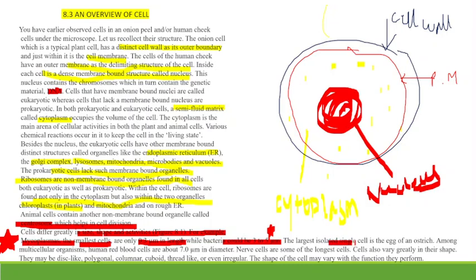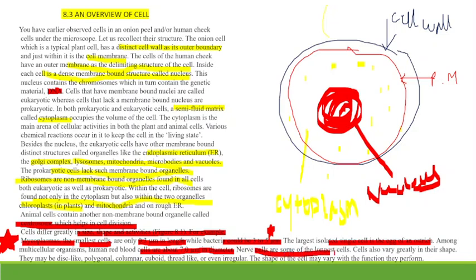Then the largest isolated single cell is the egg of an ostrich. So the ostrich egg is the single cell which is the largest isolated single cell. Among multicellular organisms, human RBCs are about 7 micrometer in diameter.